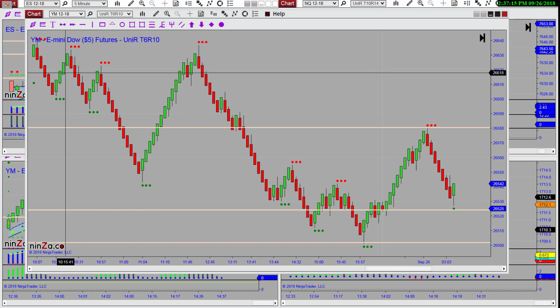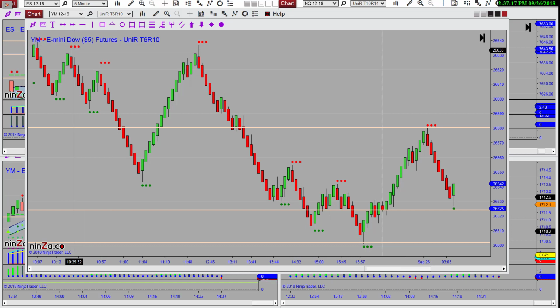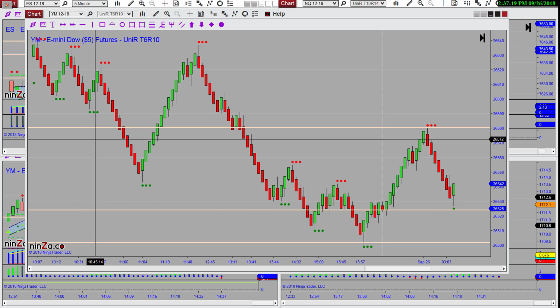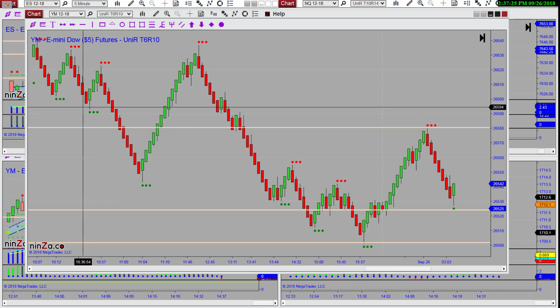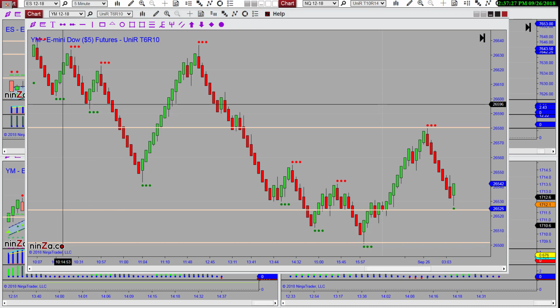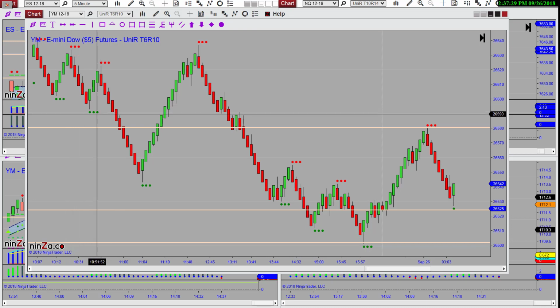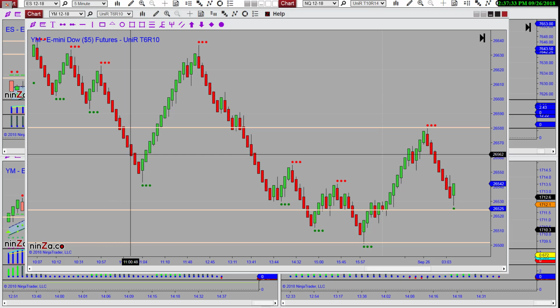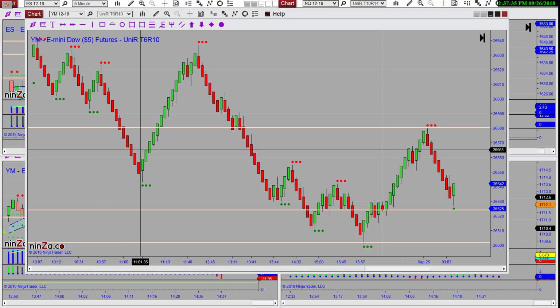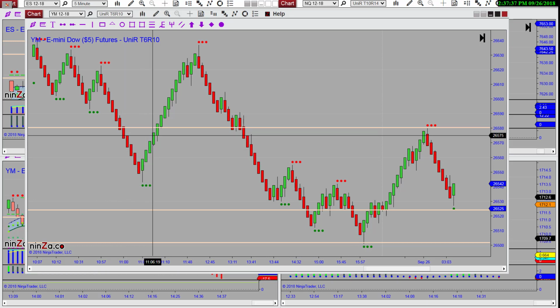Red means it got up, and this is 2 ticks above the high. These green dots are 2 ticks below the lowest low. And what Counterpunch does is it watches to see if there are multiple swing levels, exhaustion levels, in the same direction.